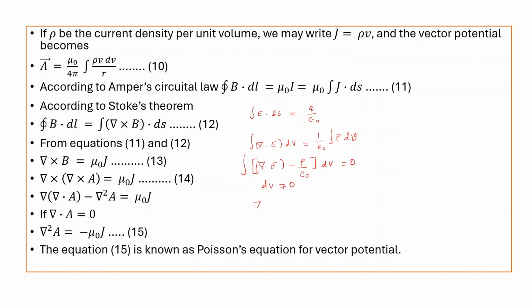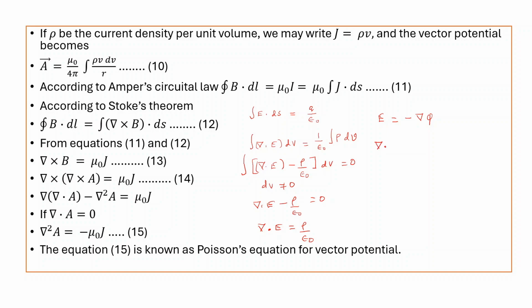Therefore, div E minus rho by epsilon naught equal to 0. This leads to the condition div E equal to rho by epsilon naught. We know that E equal to gradient of scalar potential with a negative sign, E equal to minus grad phi.